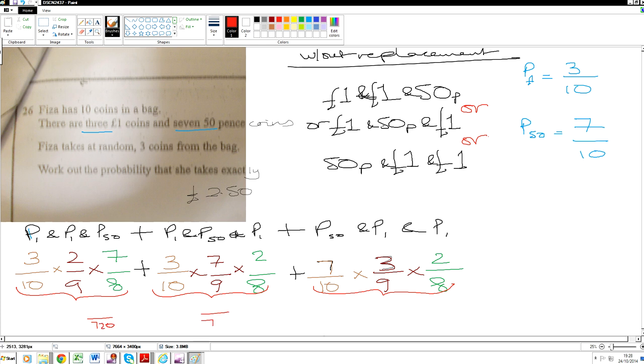Each one's going to be out of 720. What's the top number it's going to give us? 3 times 2 is 6, times 7 is 42. It's going to be the same each time.